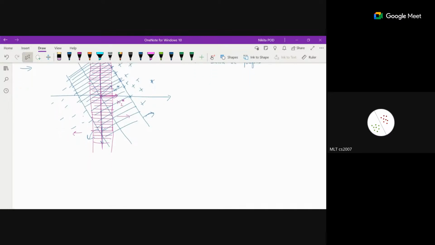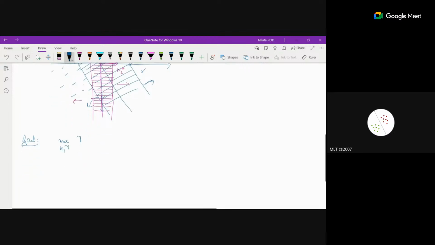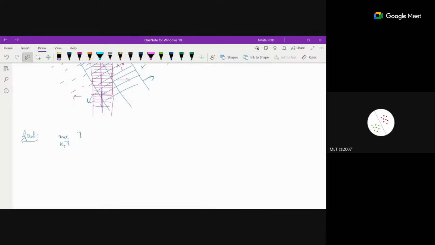So now our goal is that you want to maximize the gamma, right? You want to maximize this margin, and you want to maximize over the W and the gamma, all right? And you want to maximize this margin with respect to what constraint?